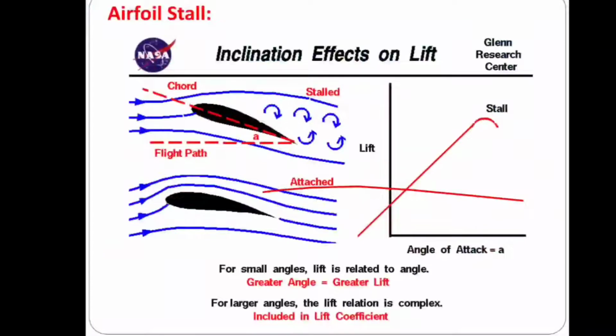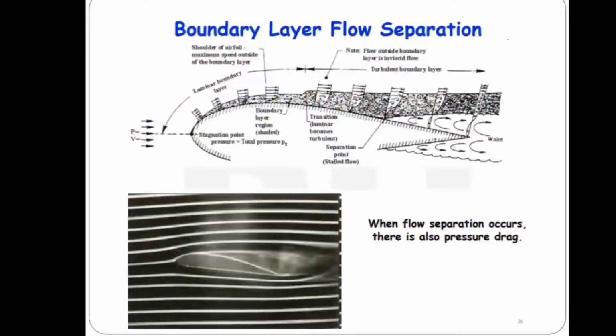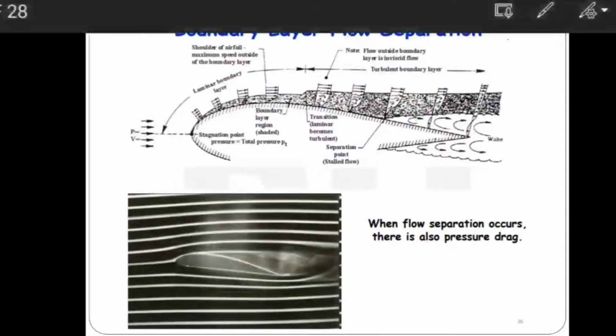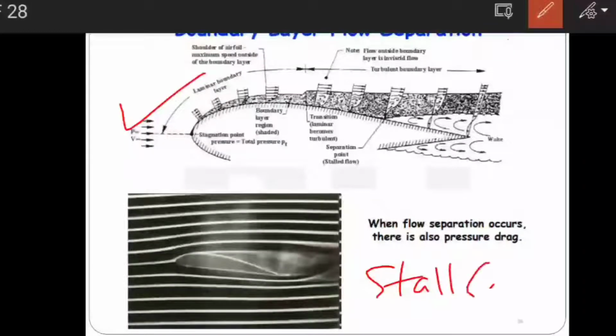The next is the effect of lift, which we already discussed, so there is no need to go through it. Yes, boundary layer flow separation, guys. This is very important because you find this type of topic in fluid mechanics in the 3rd semester. It is important to know because of one very important parameter, that is stall characteristics, or stall condition.